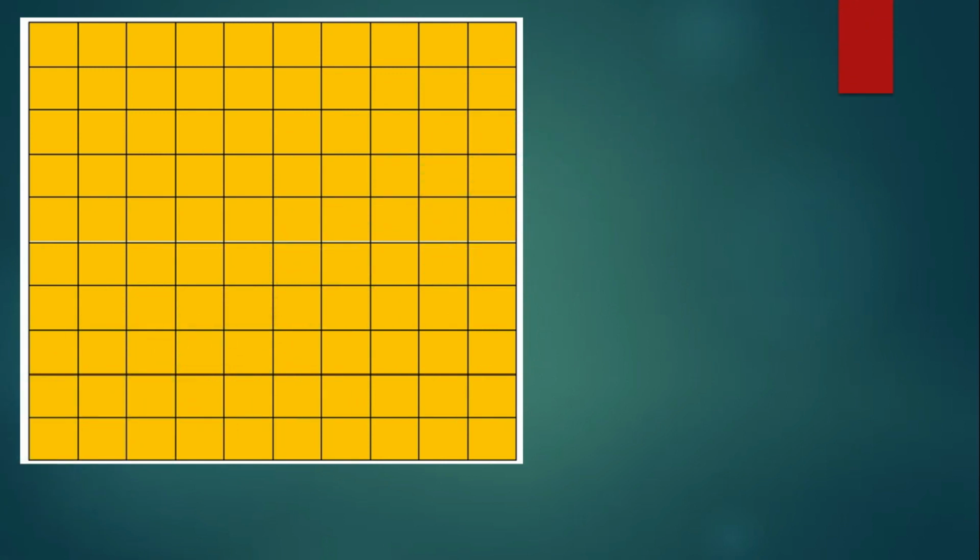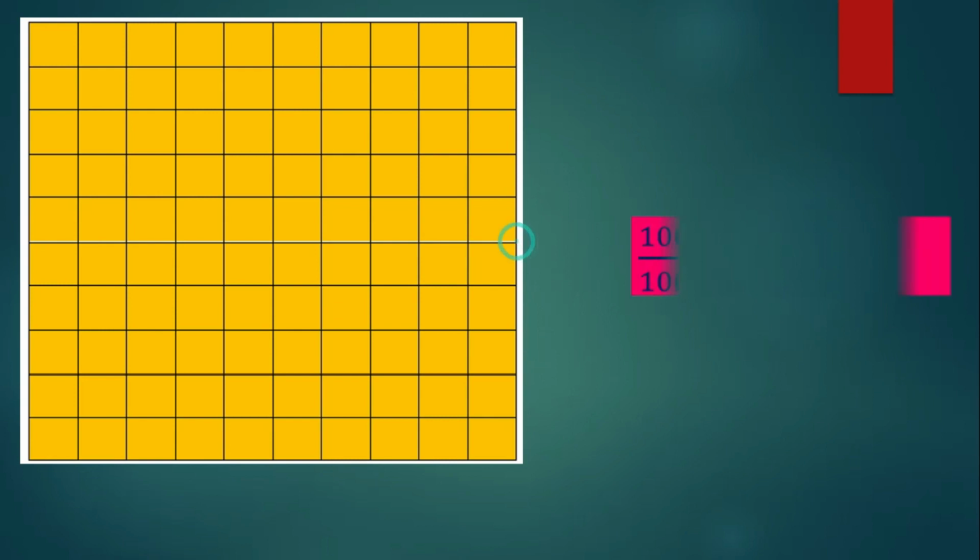So students, here on the screen you can see a 10 by 10 grid, a bigger square with 100 small squares. Now these all squares are colored with a single golden color. Now we are going to learn how to write it in a decimal form.